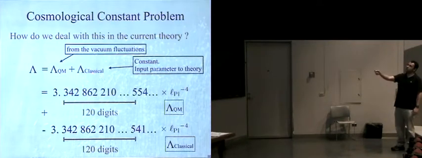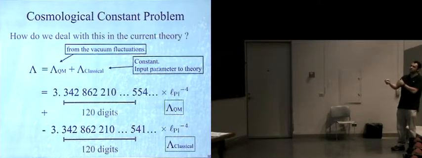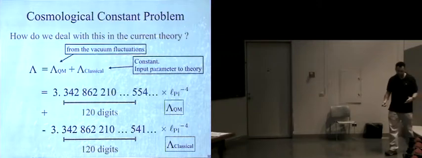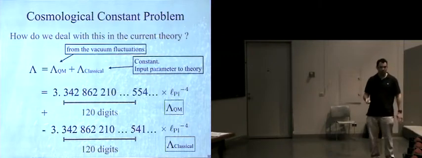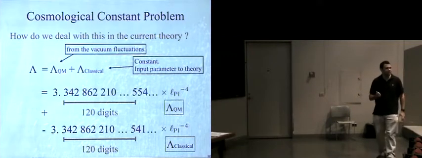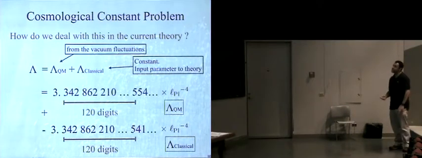Then there's a classical one that we add to it that just happens to be minus 3, and it agrees to 120 digits, and then at the 121st digit, it disagrees. If you choose this parameter like this, then everything's fine. It makes the overall energy density consistent with what we observed, and it doesn't affect any of the other calculations. So this is really what we do in the theory now.